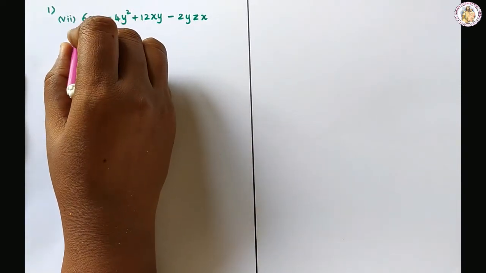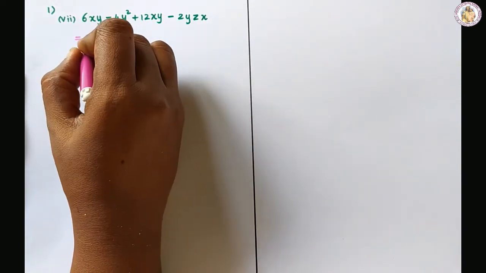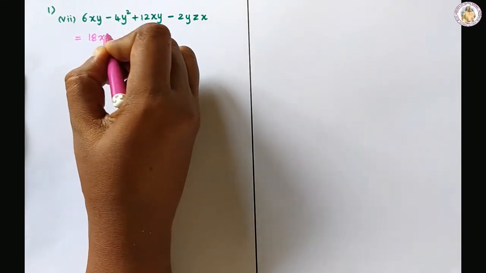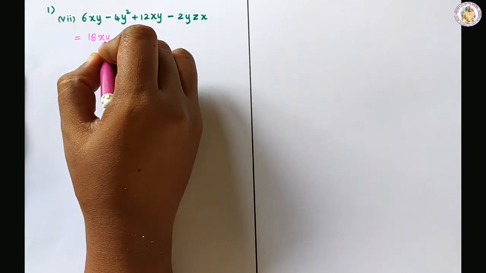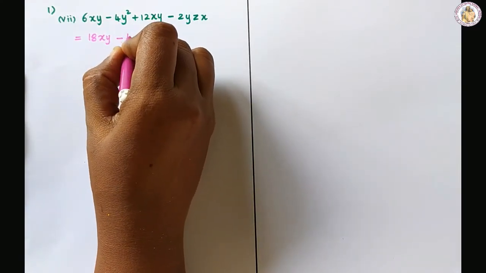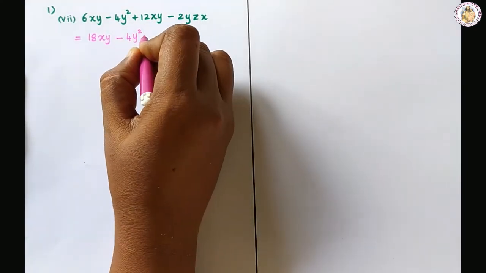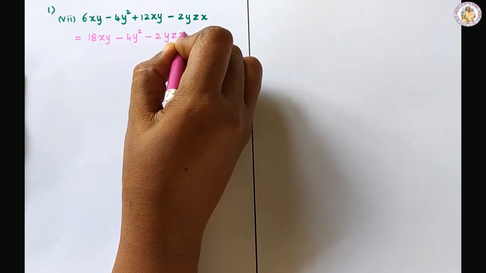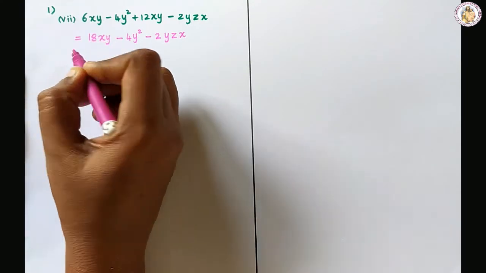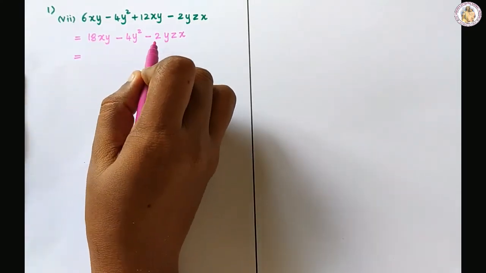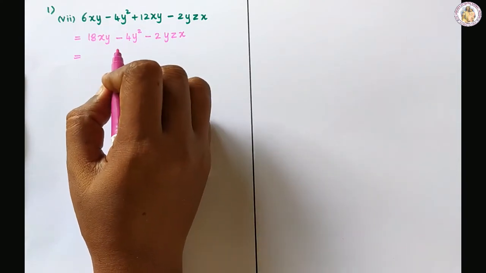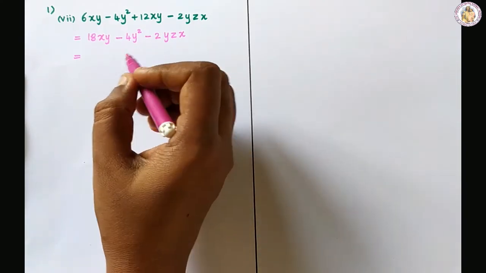That is 6 plus 12, 18xy. 6xy plus 12xy is 18xy, minus 4y squared, minus 2yzx. Now 18, 4, 2 all come in the table of 2, that is the maximum, because here it is 2 only.